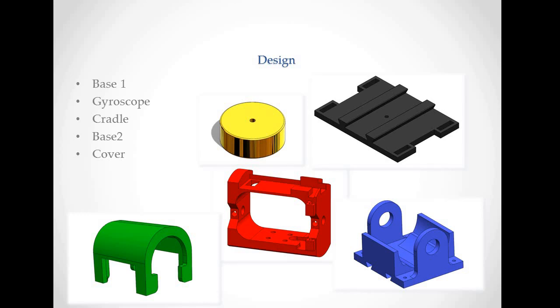So, the design of this project is the main 5 parts. The first one is the base fan, as you see in a black color, the gyroscope in a yellow color, and cradle in a red, base 2 in a blue, and cover in a green color.